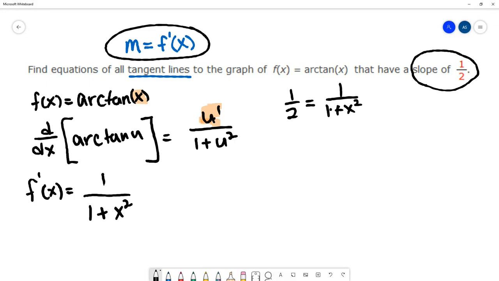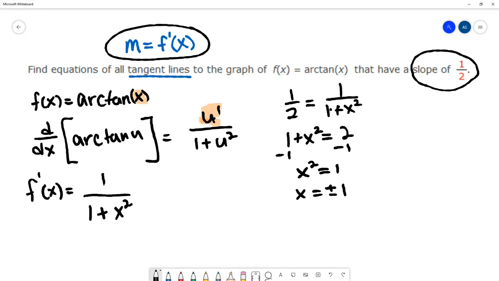I'm going to solve this equation by cross multiplying, so it gives me 1 plus x squared equals 2. Subtract 1 on both sides, and I have x squared equals 1. Take the square root of both sides, and I get x equals plus or minus 1. So this gives me the location of the tangent lines that have a slope of 1/2.